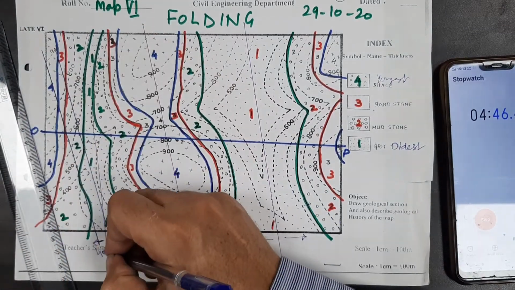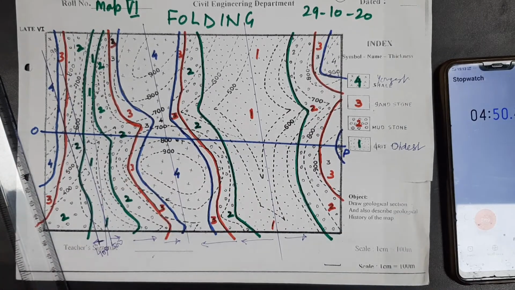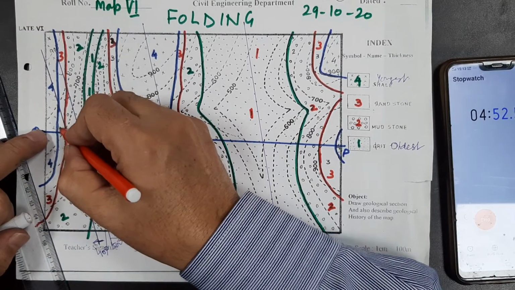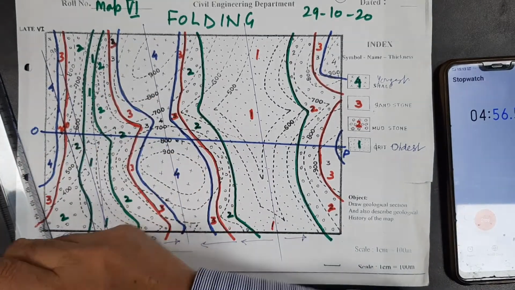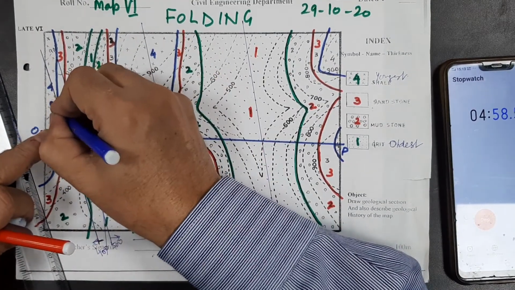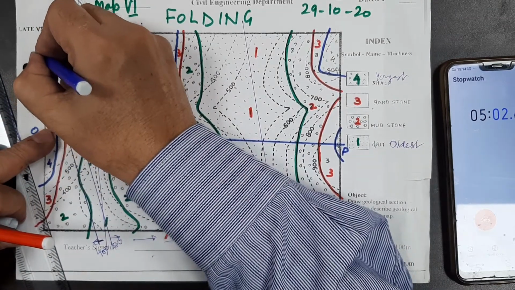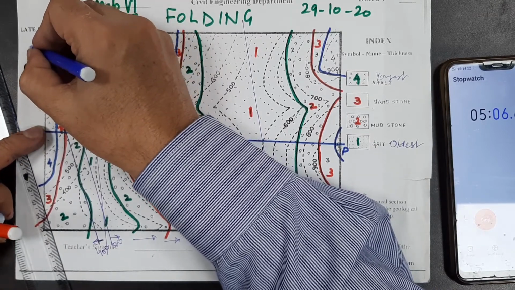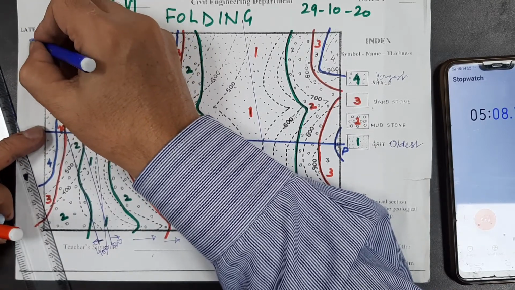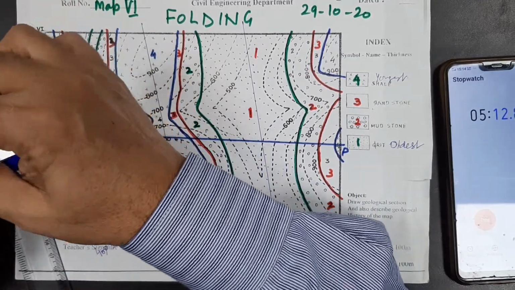Now this strike line which is 400 for the green contact can be 700 for the red contact, and it can be 800 for the blue contact. That means the value of this strike line is 400, and also 700, and also 800, of course for different contacts.